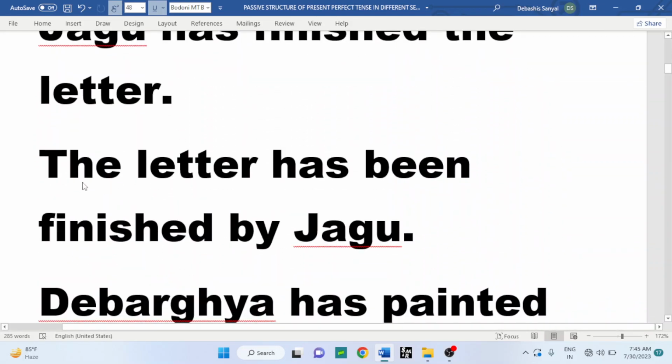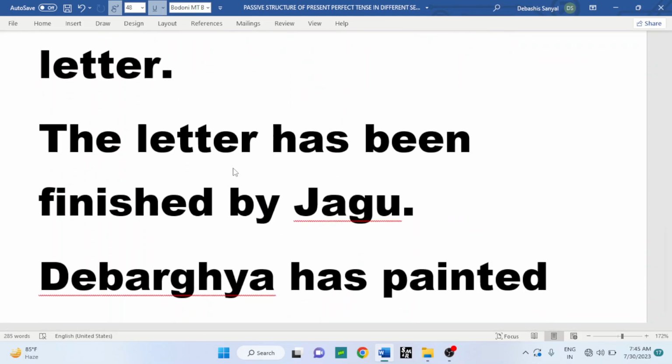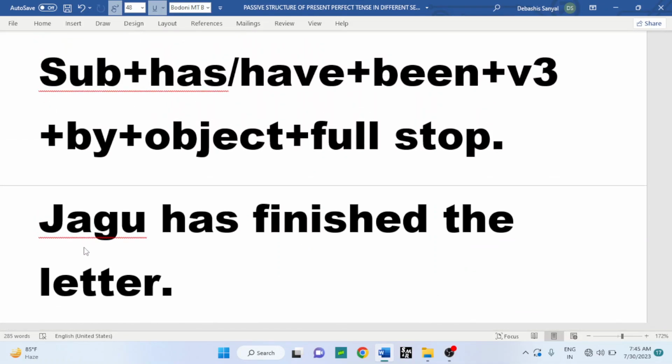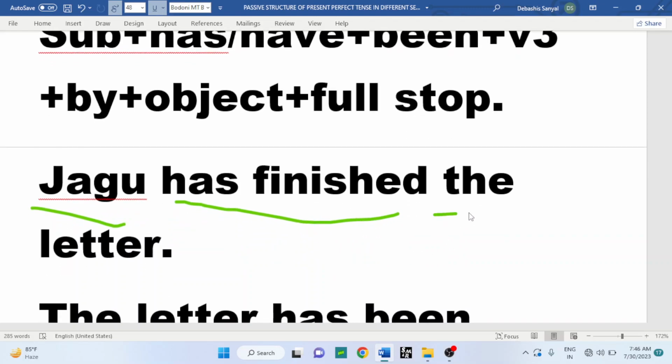In the very first example, the letter has been finished by Jagu. Yes, it's a passive one, but the active one is Jagu has finished the letter. Jagu here is the subject, has finished tells us that the sentence is in present perfect tense, and the letter is the object here.